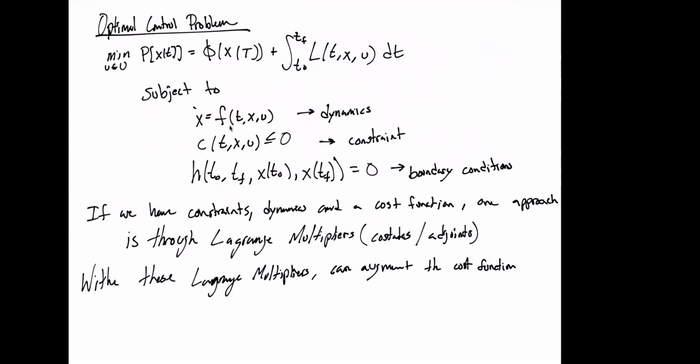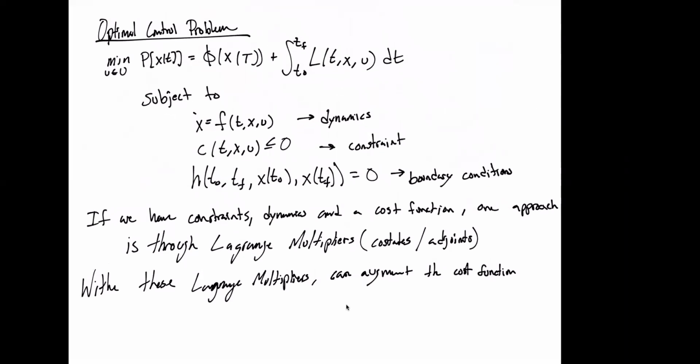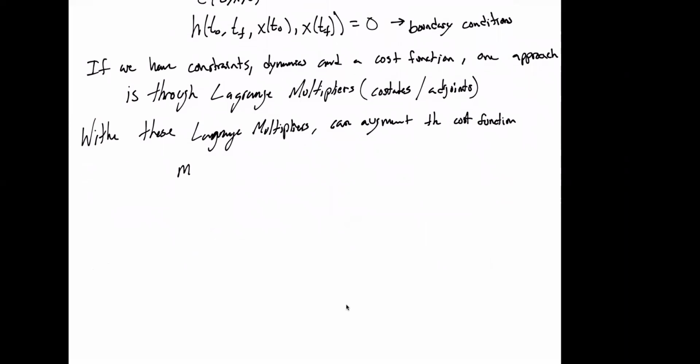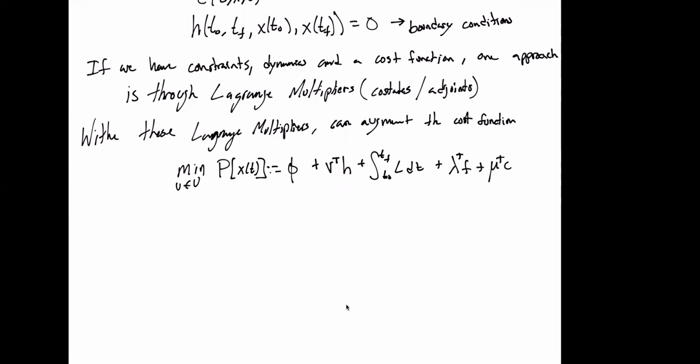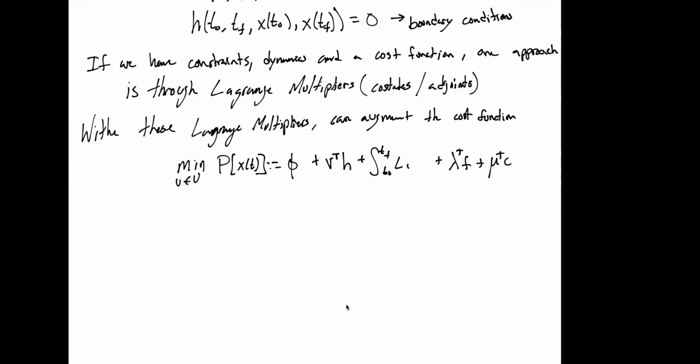Instead of solving the original problem, we are going to solve this problem: the minimization over u in the set of admissible inputs of P, which is equal to phi plus nu transpose times h, where h is the boundary conditions, plus the integral from t naught to tf of L plus lambda transpose F plus mu transpose C, all inside the integral, dt.